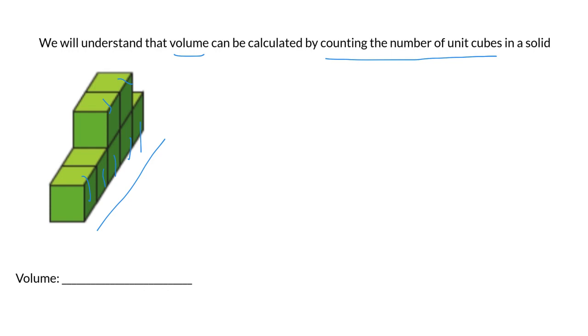Let's write it a couple different ways that we can report volume, especially when we don't have any measurement dimensions like inches or centimeters or feet or yards. Remember, we're just finding the number of unit cubes in this solid. So we're going to say cubic units. So I see that this is made up of 7 unit cubes.